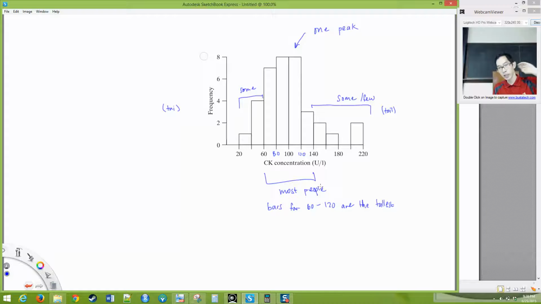And so I would say this one's a little bit longer than this one, but it's not like this one is drastically longer than the tail over here.